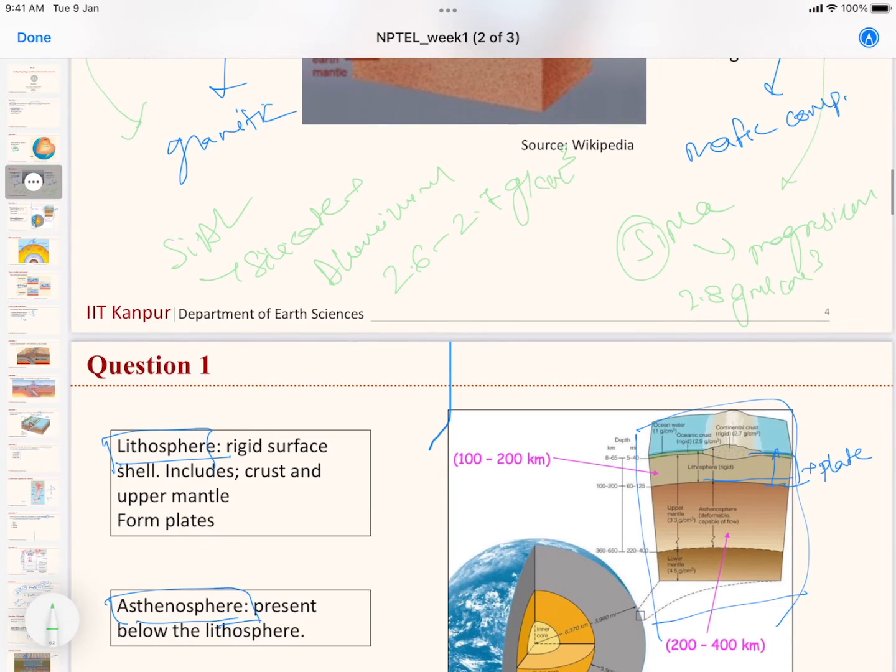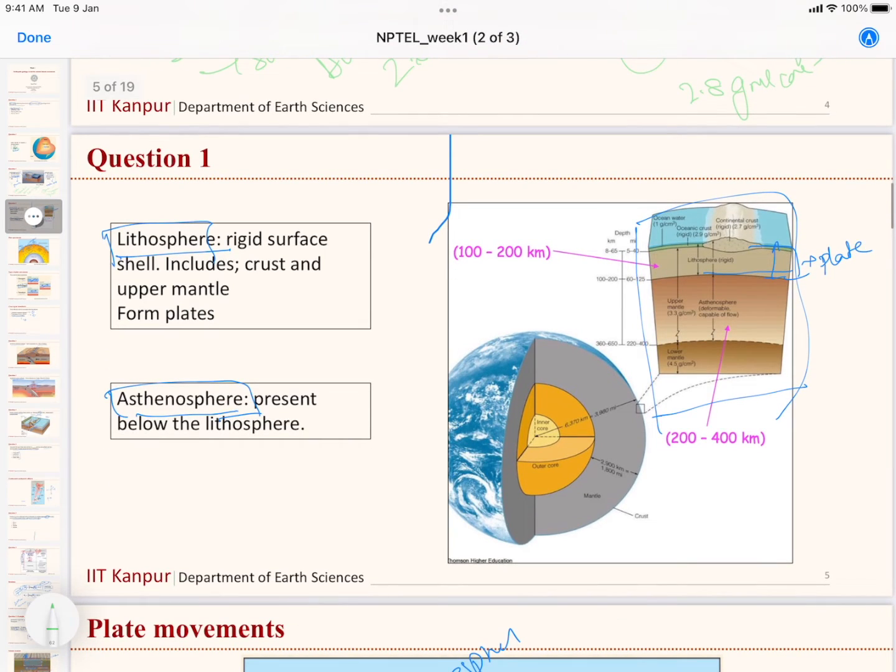Moving further, let's understand what the lithosphere and the asthenosphere are. The lithosphere is the rigid surface shell that includes the crust that we have discussed just now and the upper mantle part, and this complete lithosphere forms the plates about which we will talk. These are the plates involved in plate tectonics.